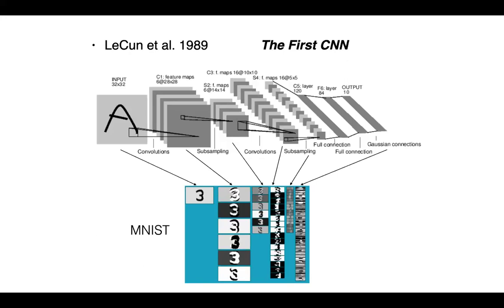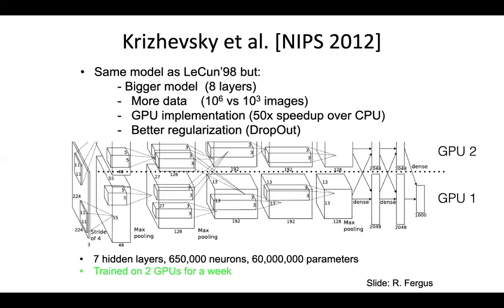convolutional neural networks. And then came AlexNet in 2012, and basically AlexNet uses the same model as Yann LeCun's 1998 network, but with some differences. First, it was a bigger model with 8 layers, and more significantly, it used much more data, right?